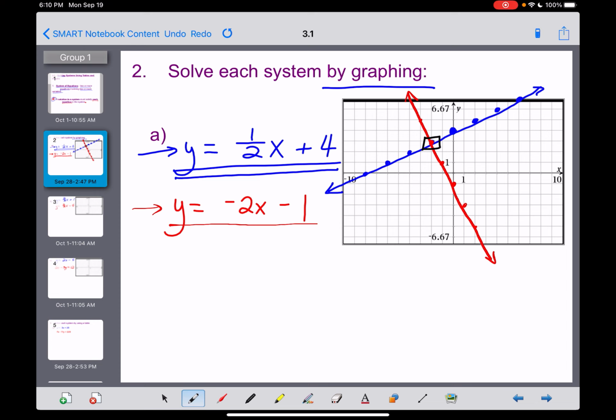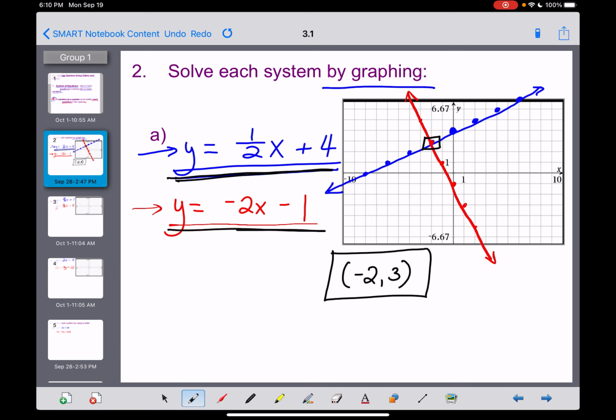That ordered pair right there, which looks like negative 2 and positive 3 for the y-coordinate, is the only ordered pair that's on both the blue line and the red line, which means it's the only ordered pair that's a solution to the first equation and to the second equation. So this is our answer.